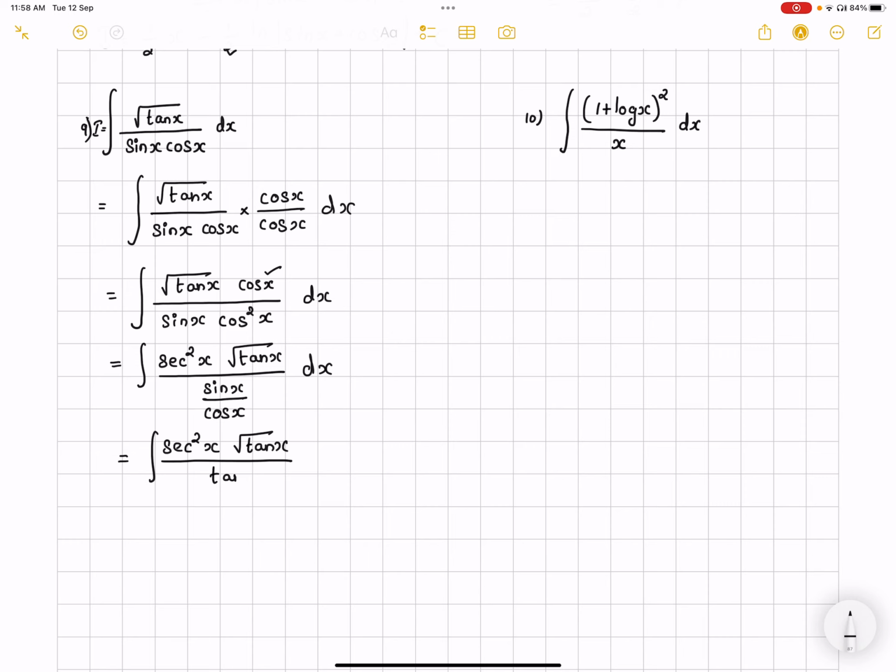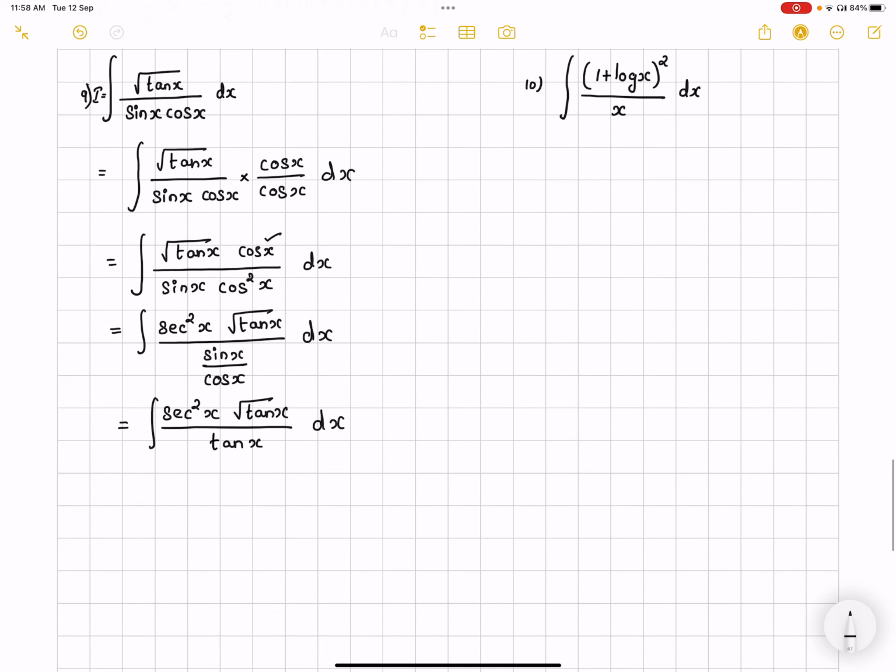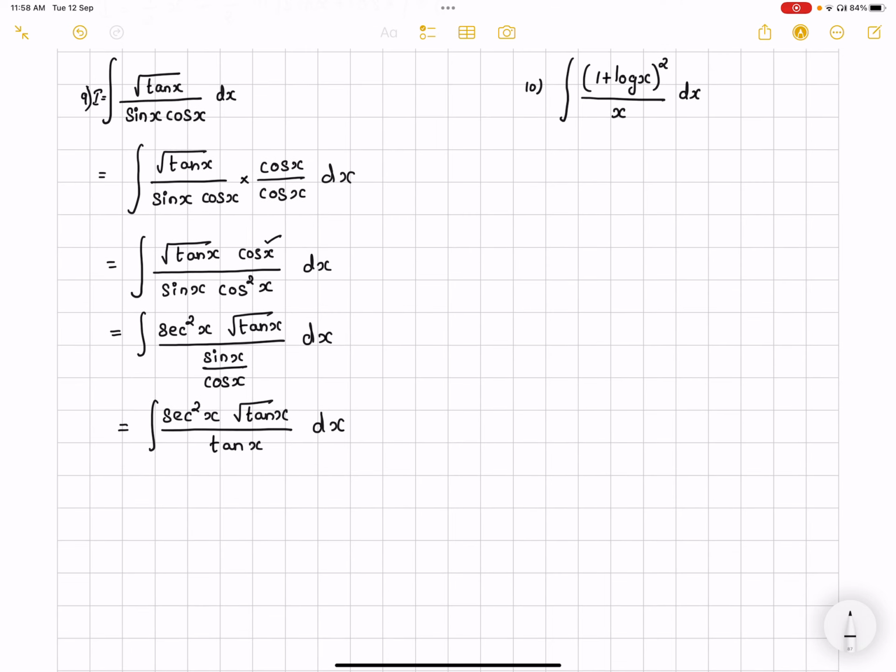root tan x dx. Great, the problem is done. Now you can go for substitution. Before doing a substitution, one more thing if you observe, this gets cancelled and I get a root here.